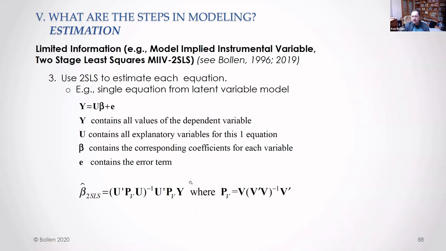So this is a contrast to the full information in at least two ways. We're just taking a single equation rather than estimating the whole system. And rather than numerical minimization, as was true for full information, we have an explicit, non-iterative expression that we can use to develop those coefficients.